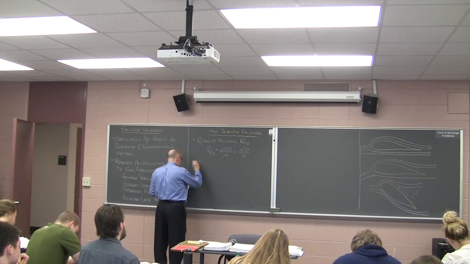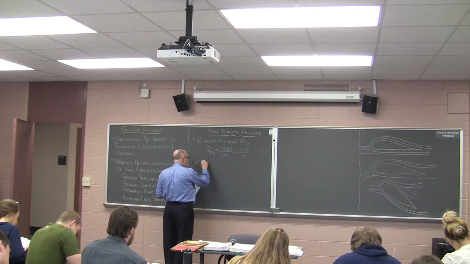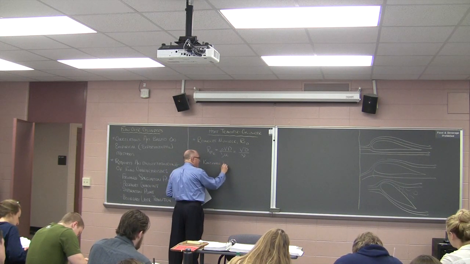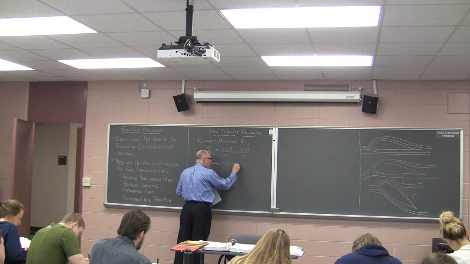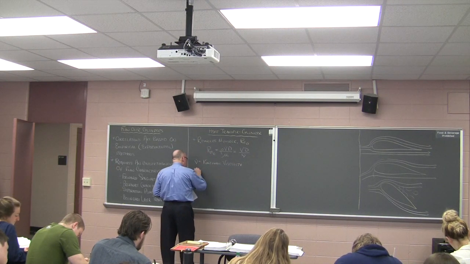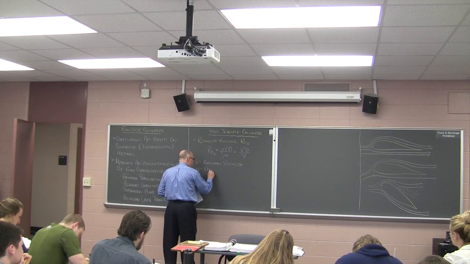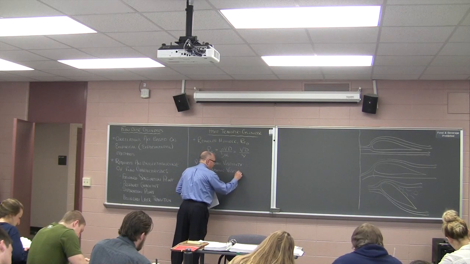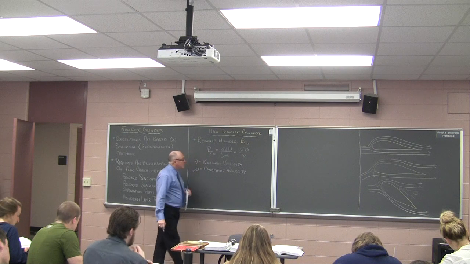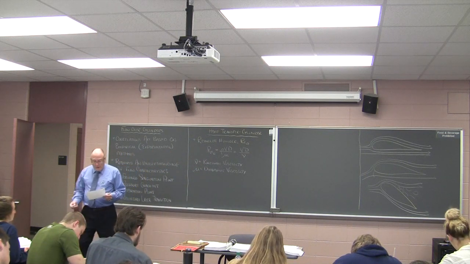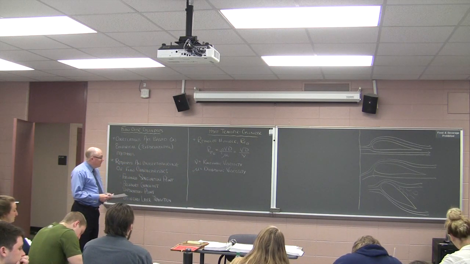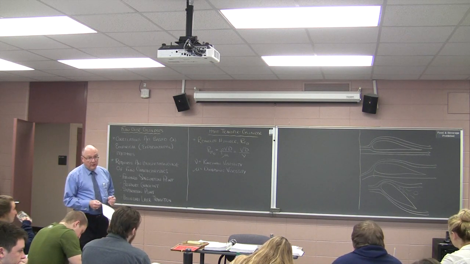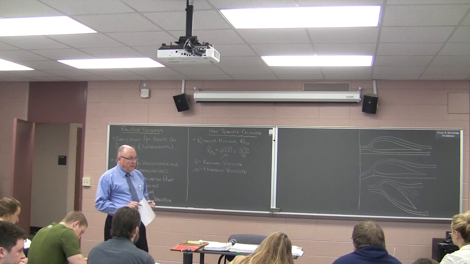And nu is your kinematic viscosity, and mu is your dynamic viscosity. Okay? D, of course, is your diameter, and V is your upstream or freestream velocity. You'll also see that written as U infinity.